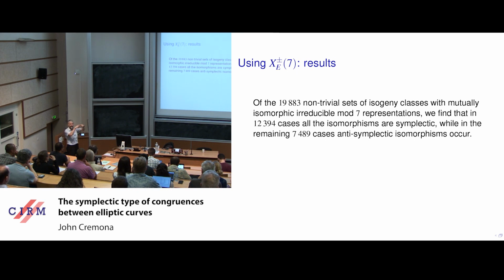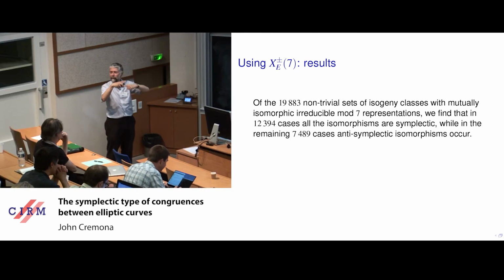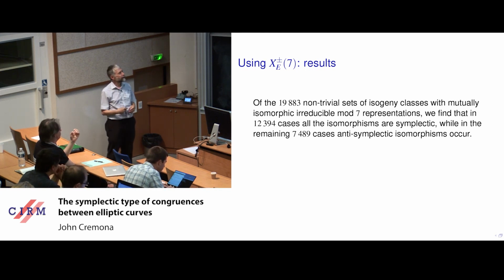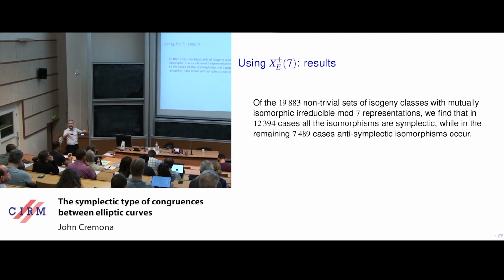Each of those isogeny classes might have various isogenies, but we know how to test whether they induce symplectic or antisymplectic congruences, depending on whether the degree is a quadratic residue mod 7. And what happens is that in about 2/3 of the cases, all of the isomorphisms are symplectic, and in about 1/3 of the cases, you get both antisymplectic and symplectic.